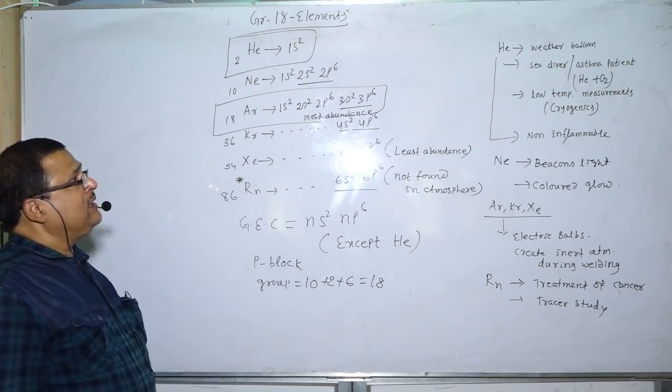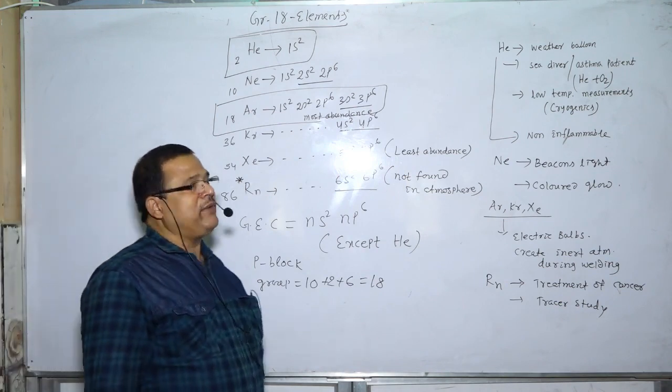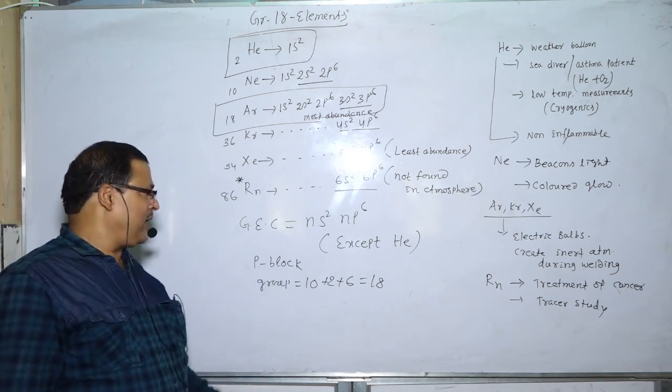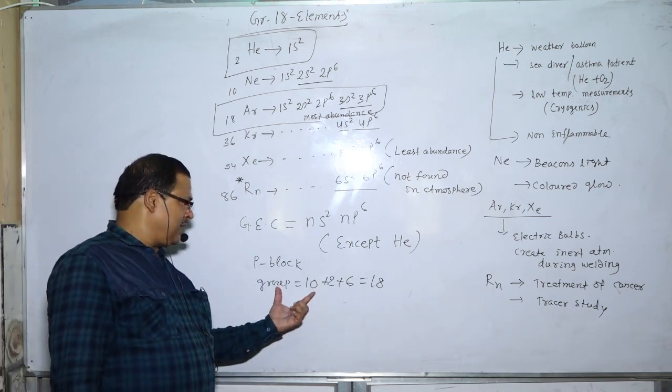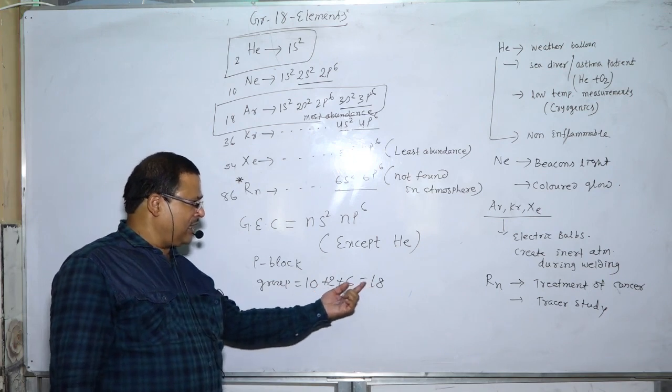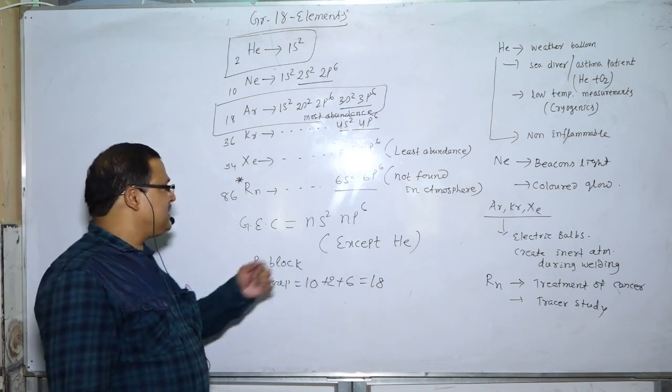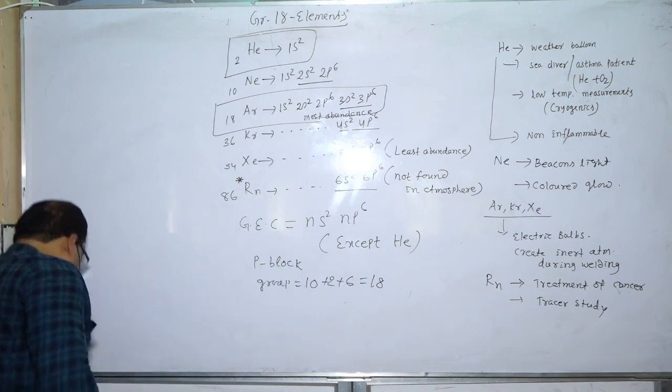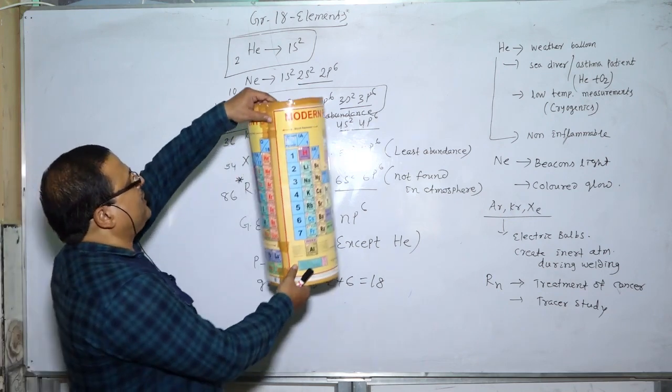Next we will look at the placement of these elements in the periodic table. We have explained the position of the elements in group 18. If we look at the modern periodic table, the long form, what is the placement of the group 18 elements?